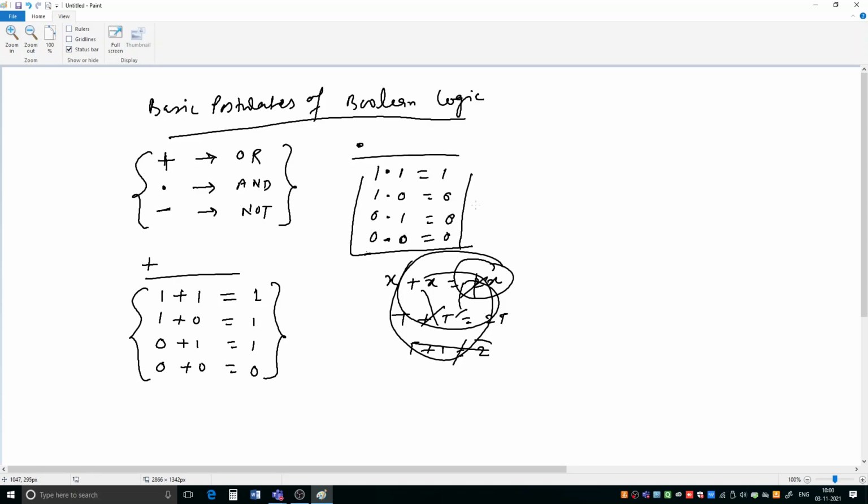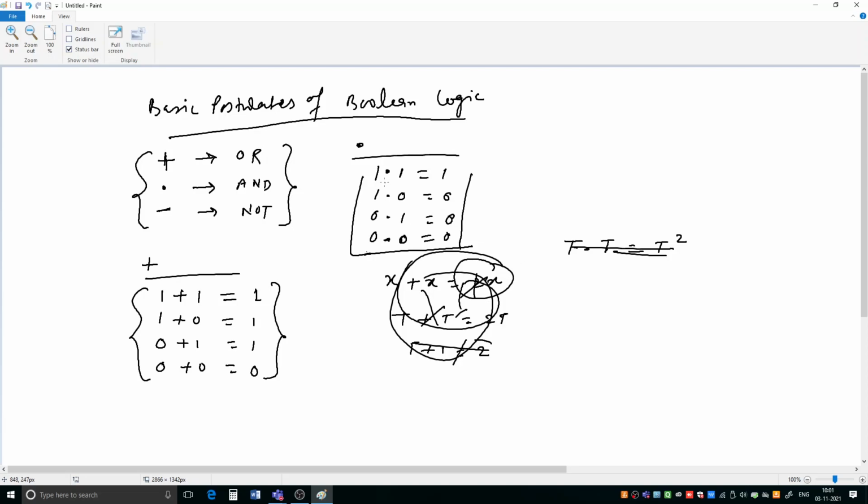But if you write true dot true, it doesn't mean true square. You can't write like this, because nothing is allowed except 1 or 0, true or false. So 2 you cannot use anywhere in Boolean algebra.